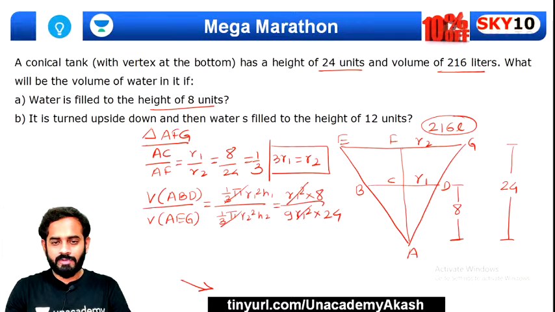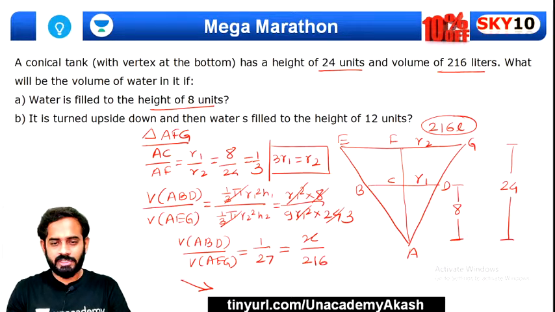So R1 square cancels, 8 3s are 24. So volume of ABD upon volume of AEG, this ratio comes out to be 1 by 27, which is equal to, now volume of ABD is, let's say, X upon 216 liters.